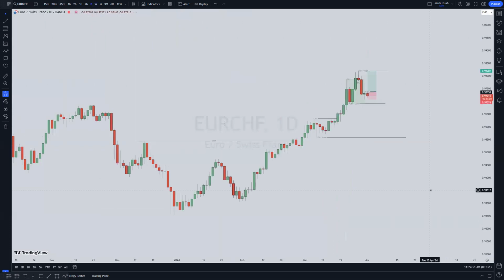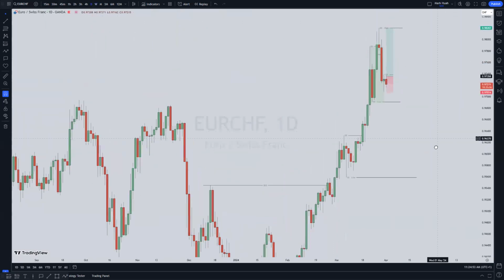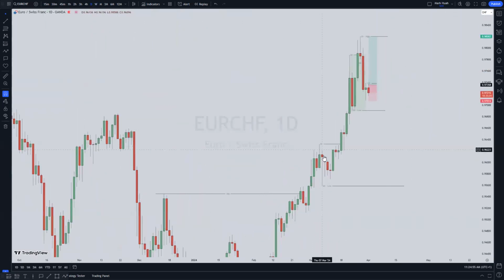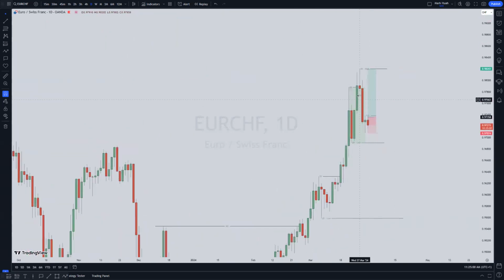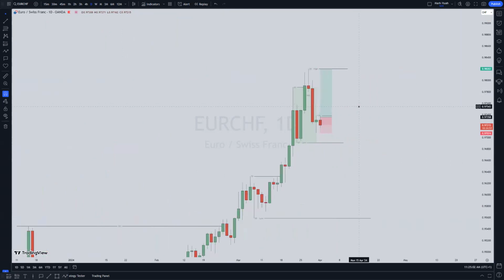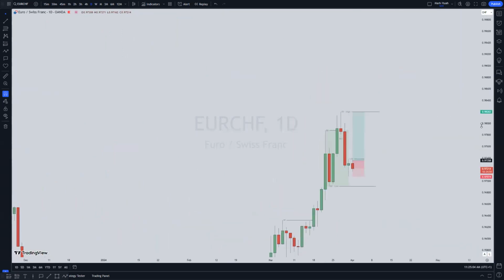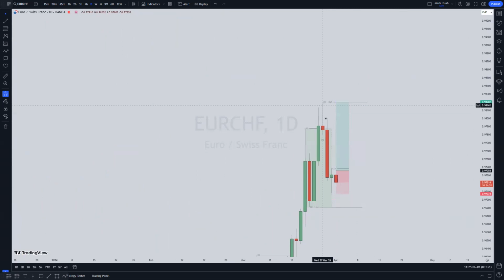Then when I drop over to the daily, it is forming the minor structure. This is a 3 days chart, and I'm not going to move over to that. And this is a 2 days structure. So the 2 days was bullish. Then we've had all of this pullback. This completed the pullback and moved over to this candle. So we had a complete pullback.